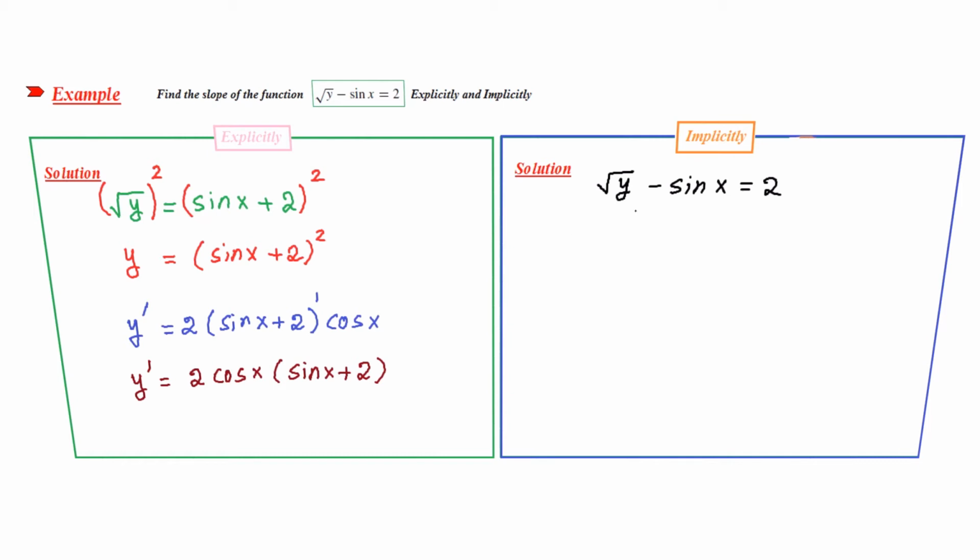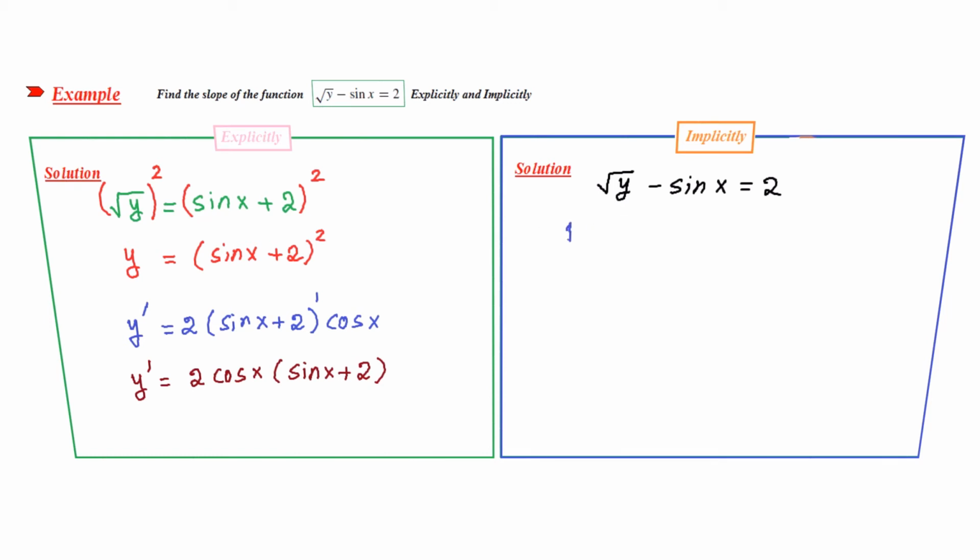So we have square root of y, and you have to find the first derivative of this term. As you know, we have a direct rule for the square root of a function. To find the derivative, first you have to find the derivative of the inside function, but the inside function is a function in terms of y. So what is the derivative of y? The derivative of y is 1, but since we differentiate a function in terms of y, you have to multiply it by y prime.